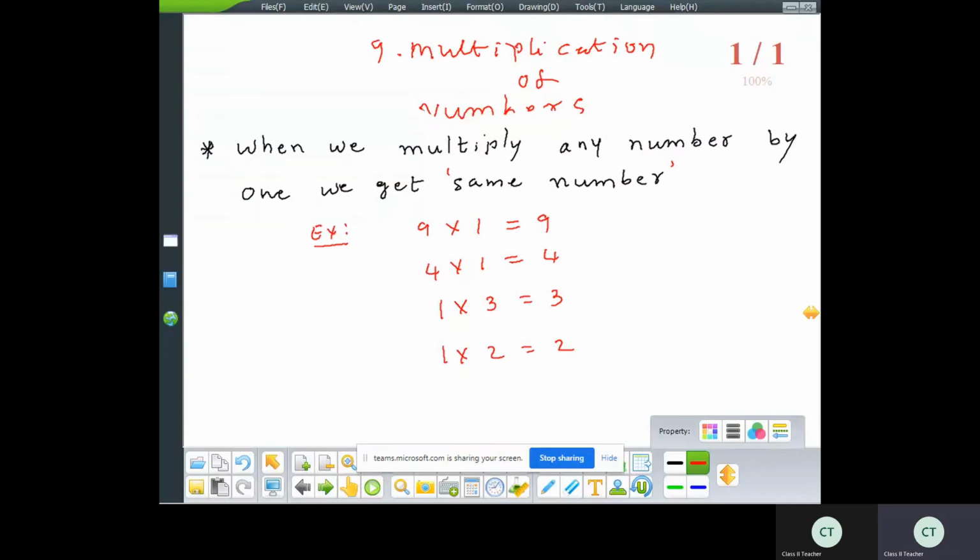Now, children, we are going to solve textbook problem. Dear children, all of you open math textbook, page number 77.